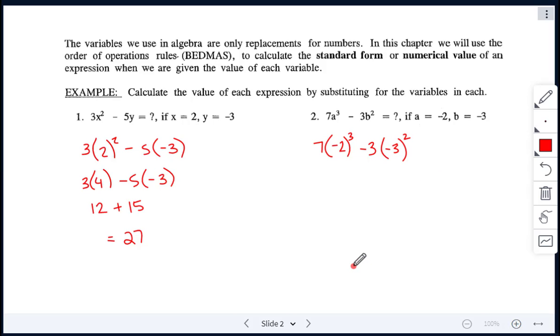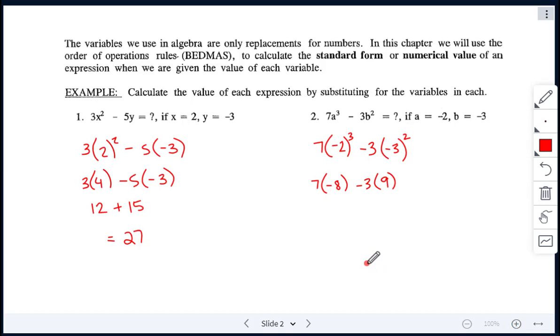So that's what it looks like. Brackets and exponents is what we're going to work with first. So negative 2 to the power of 3, that's negative 2 times negative 2 times negative 2, which gives us negative 8. And then we have minus 3, and then negative 3 squared. Negative 3 times negative 3 is positive 9. So that's what we have now.